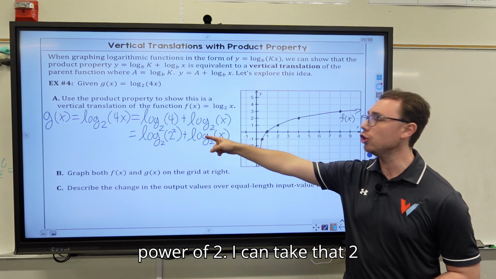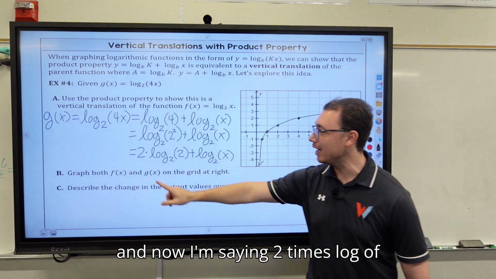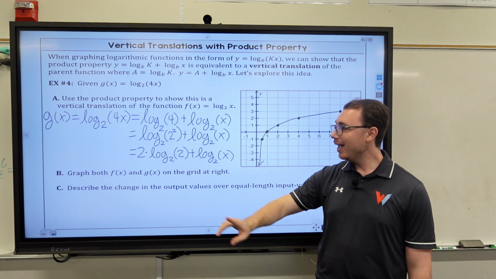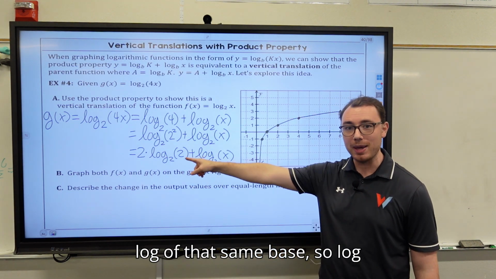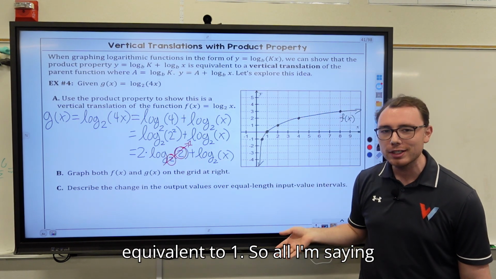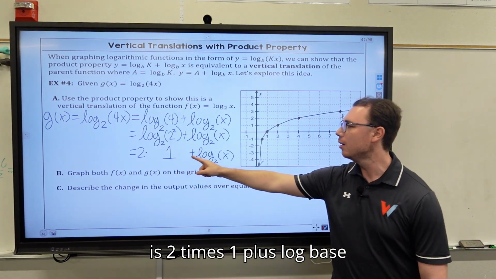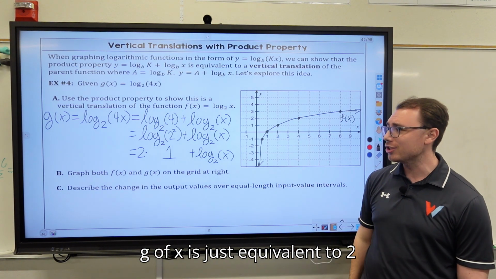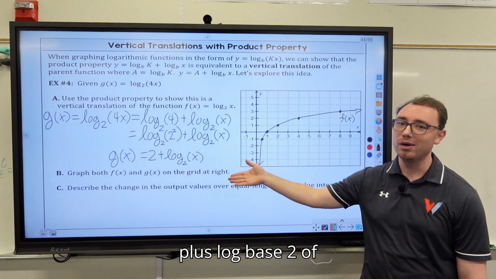I can take that 2 from the power, pull it out of the log, and now I'm saying 2 times log base 2 of 2, where taking the log of that same base, so log base b of b, is just going to be equivalent to 1. So all I'm saying is 2 times 1 plus log base 2 of x, where really my g of x is just equivalent to 2 plus log base 2 of x.